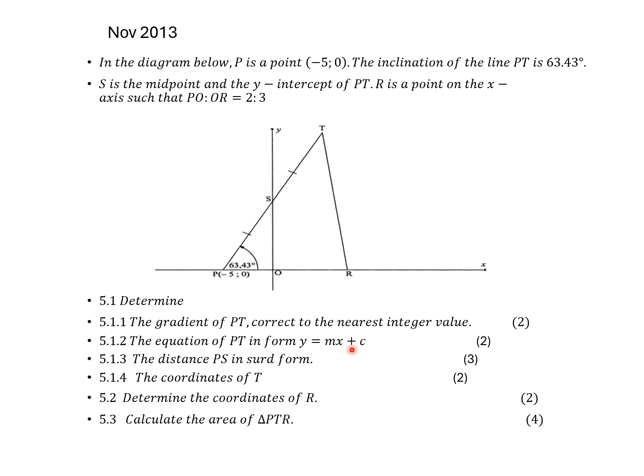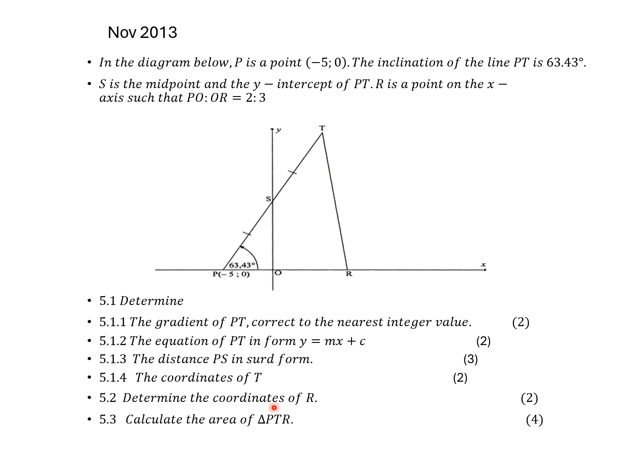From above I have the gradient, so I'm going to find the coordinates of C, which is point S. Then they want the distance PS in surd form, so if I have the coordinates of S and P, using the distance formula I can find PS. Then they want the coordinates of T, a favourite exam question. I'm going to use the midpoint formula with the point S and T as x and y to find the coordinates of T.